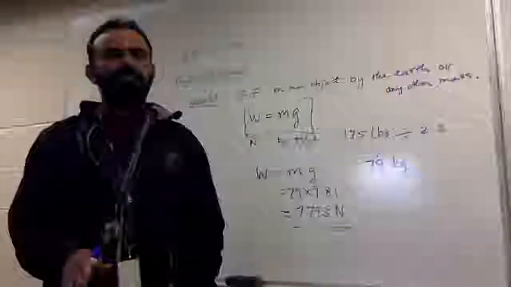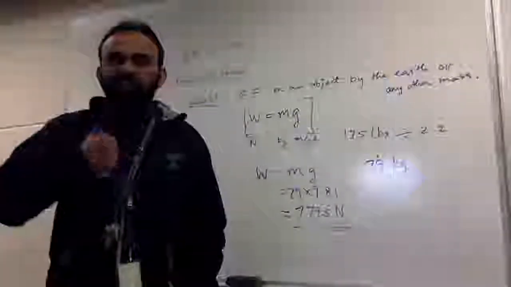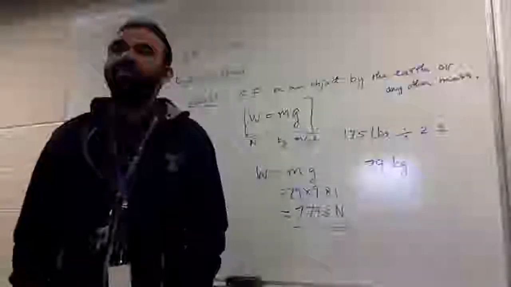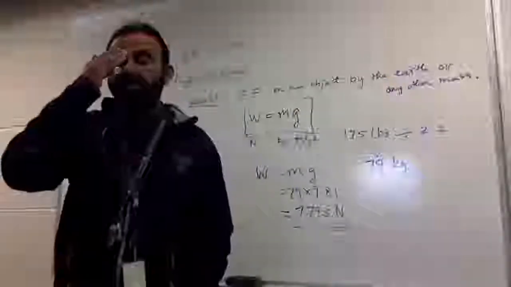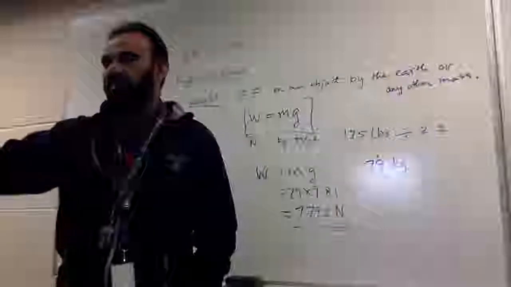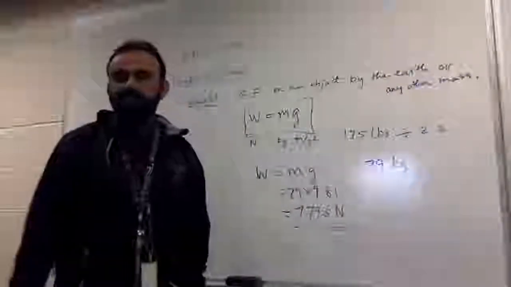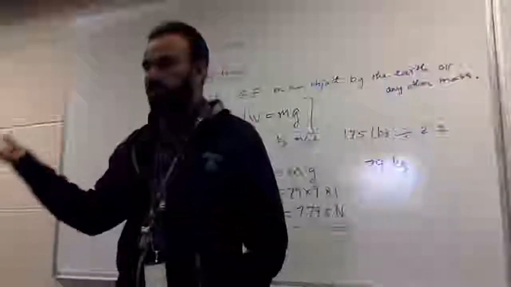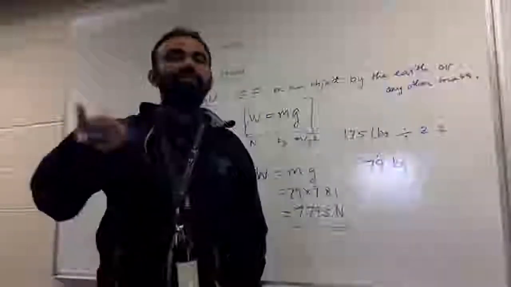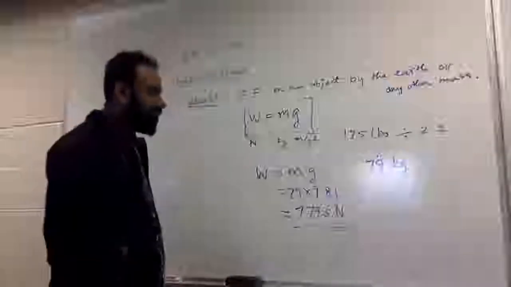It is the amount of matter in your body that never changes wherever you are. So mass is independent of gravitational forces. So he is 79 kilograms, whether he is in space, on the moon or on the earth, he is always going to be 79 kilograms.